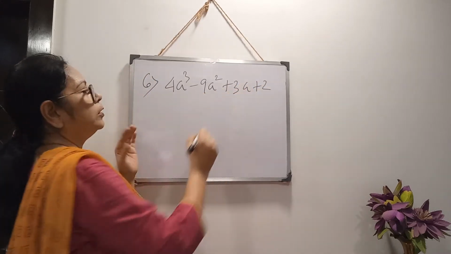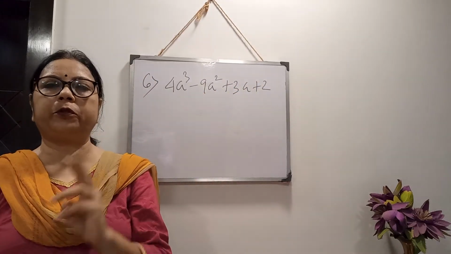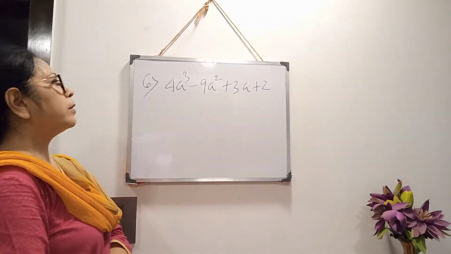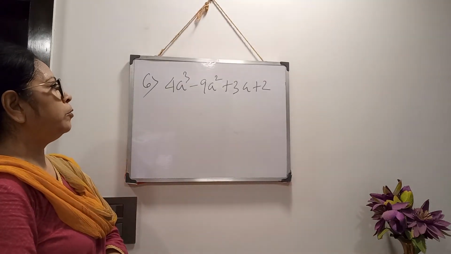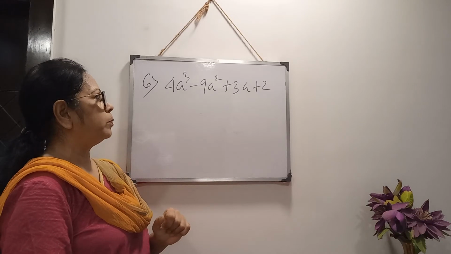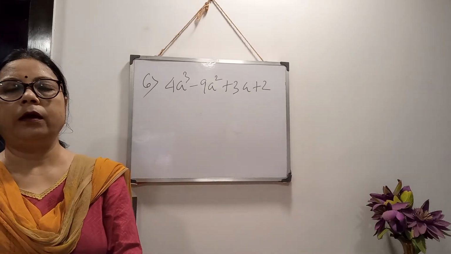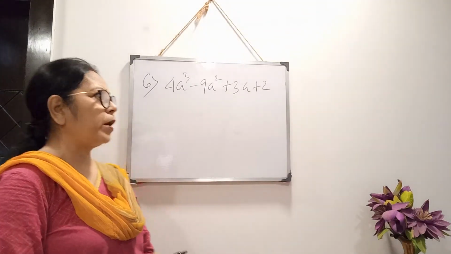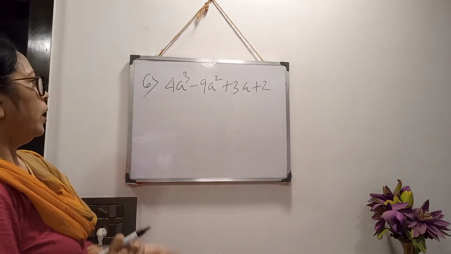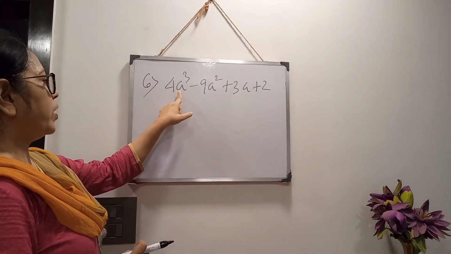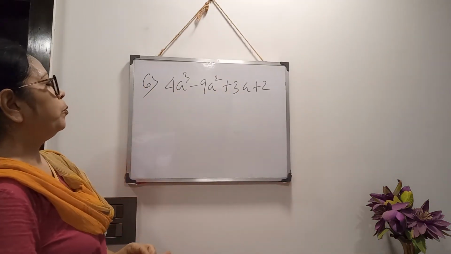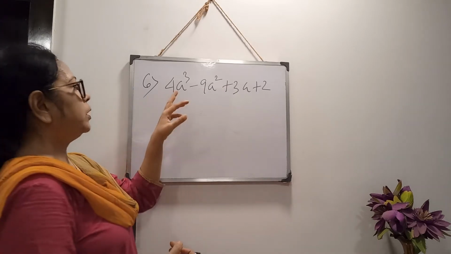There are 4 terms instead of 3. Clear? So in this case, by using cubic formula it is not possible. Then we will apply vanishing method or zero factor method. What is this? This is the variable a, by trial and error method I have to find out.